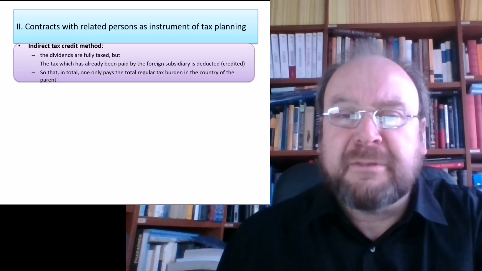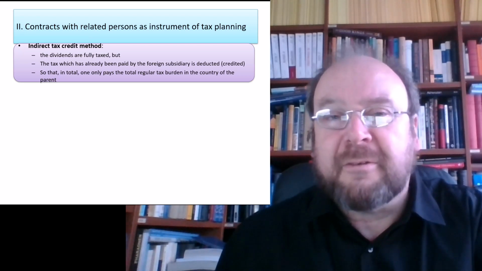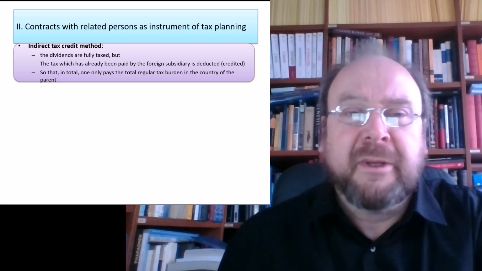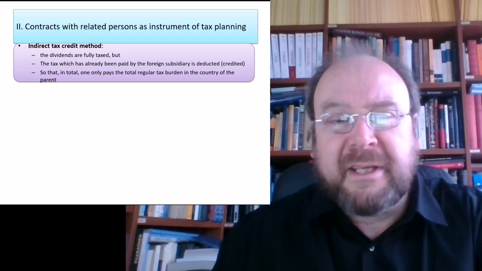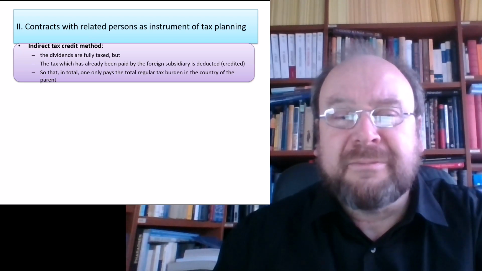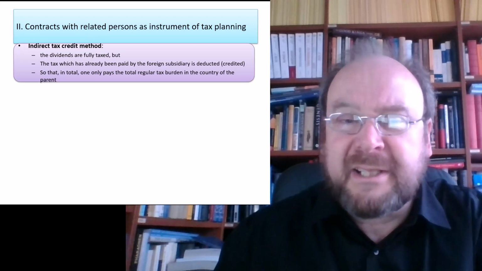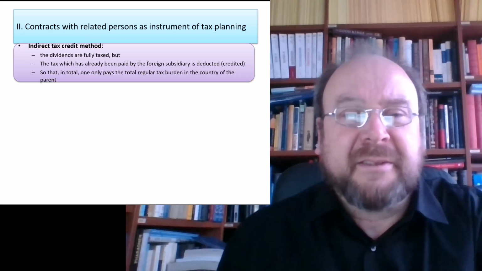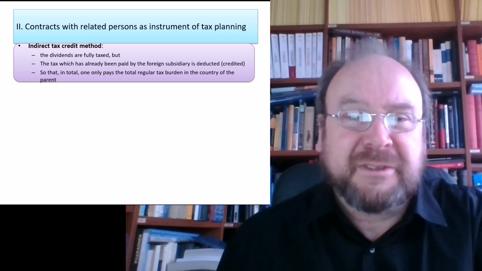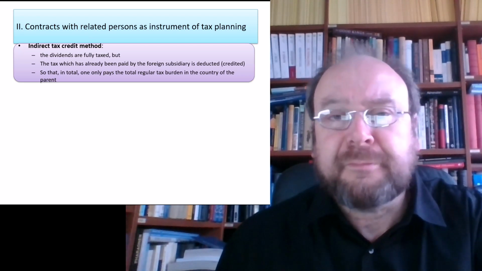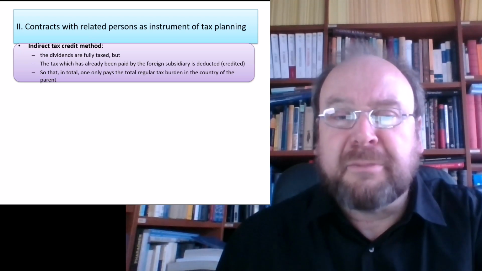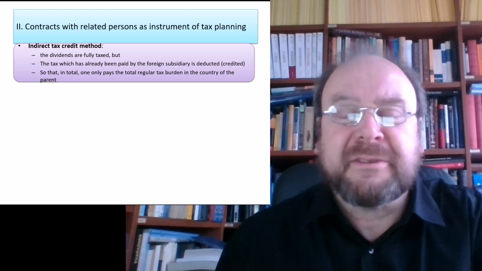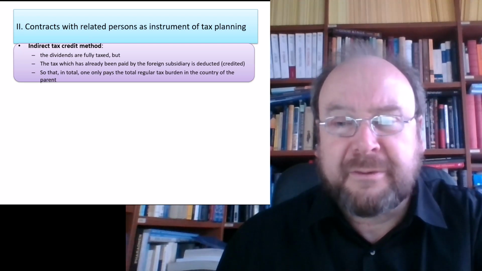The dividends would be fully taxed at the level of the parent company. But then, on the other hand, you would be allowed to take the tax which already has been paid by the foreign subsidiary and deduct it from your corporation tax, which is due on the dividend. So in total, you would only pay once the total regular tax burden in the country of the parent.